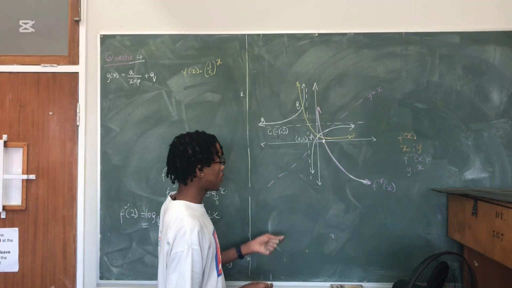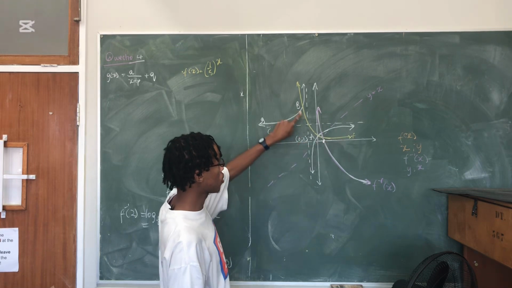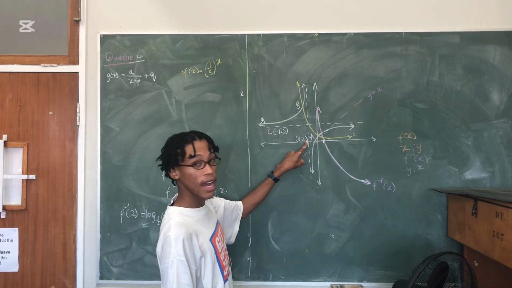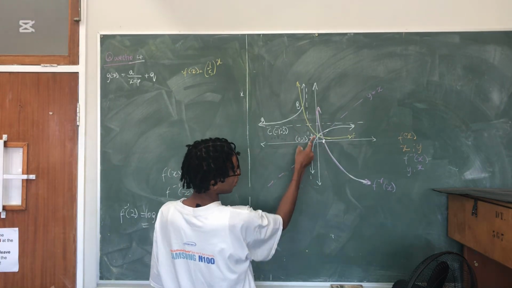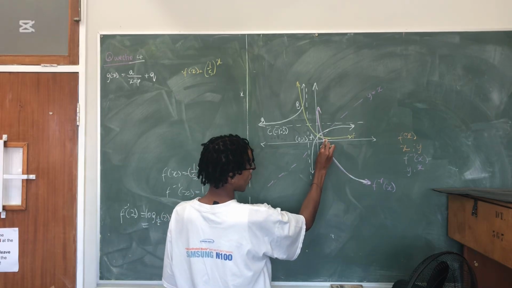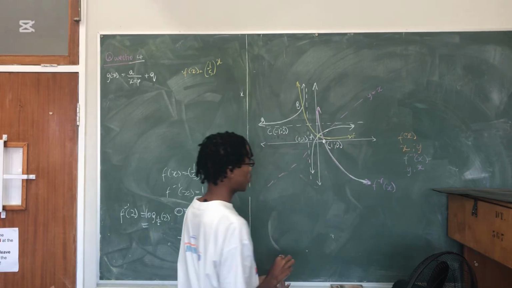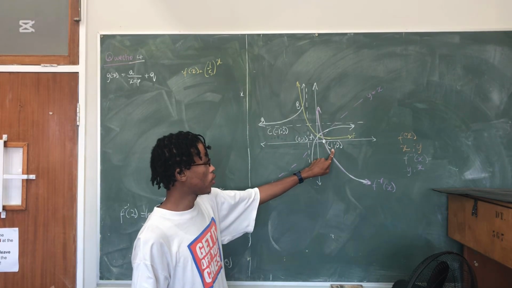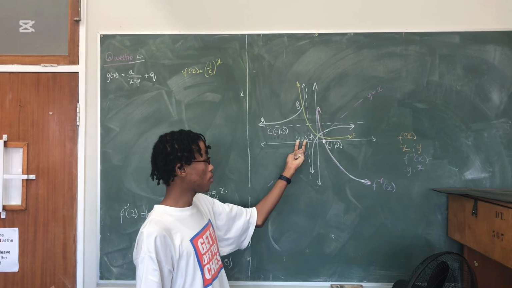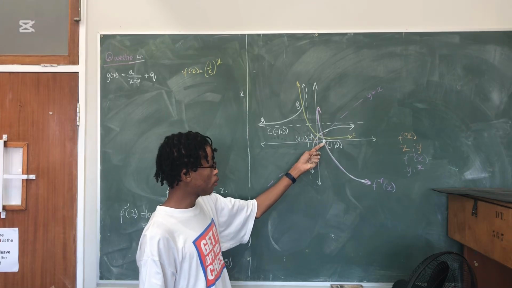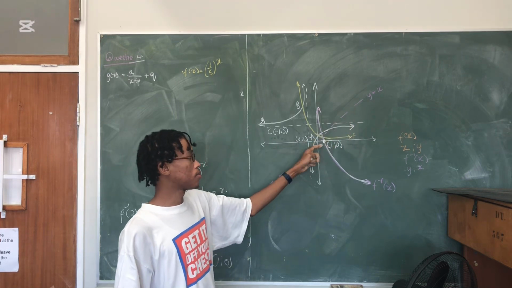For example, the coordinates of A. In the original function, the coordinates of A were 0 and 1, where x was 0, but y was 1. In this new inverse function, the coordinates that we found here were 1 and 0, where the new x is 1, new y is 0. This is just a reflection. So this point is a reflection of A about the line y is equal to x.